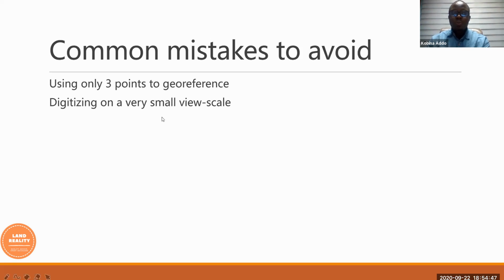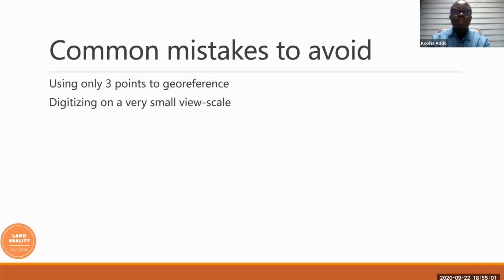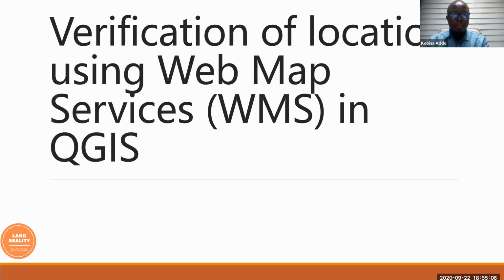And then also, another mistake you could be tempted to make is to digitize when you are using a very small view scale. That means you have zoomed out so much, you cannot really see the parcel, and then you try and digitize that way. You could also make a mistake.